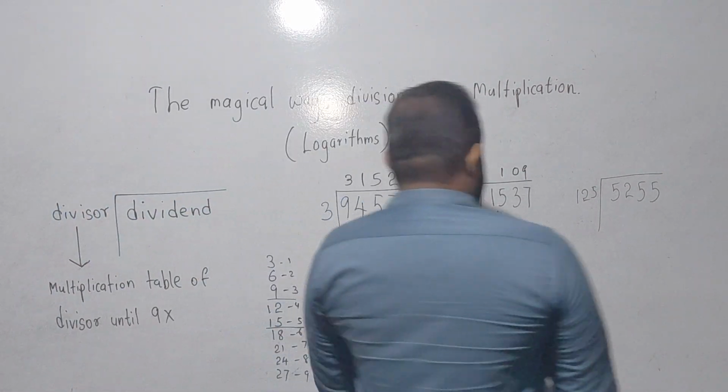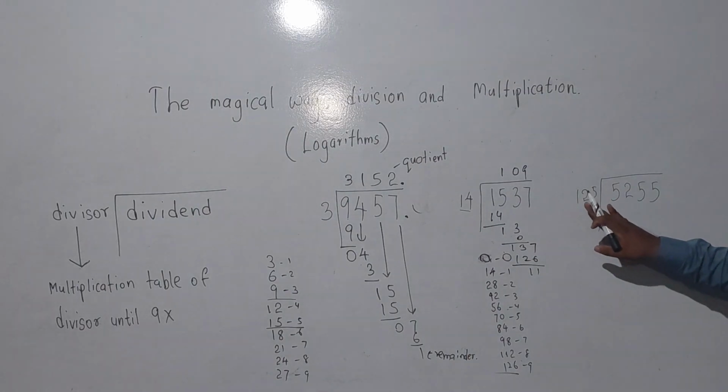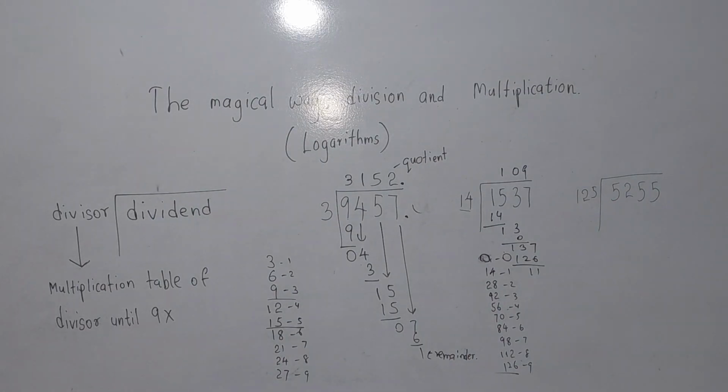Okay. Like that, if we need to divide by 125, we must know the 125 table until 125 times 9. Like this. 125, 250, 375, 500, 625, 750, 875, 1000, 1125.